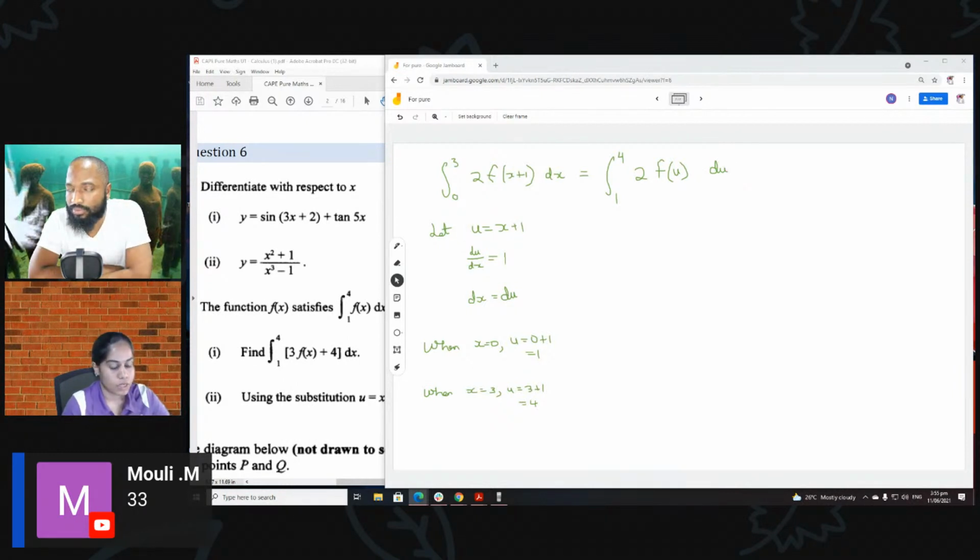The limits: when x is 0, u equals 1. When x is 3, u equals 4. When you have x plus 1, you substitute u, and we found dx is equal to du, so we substitute dx as du. Nice. So it's now time to integrate.